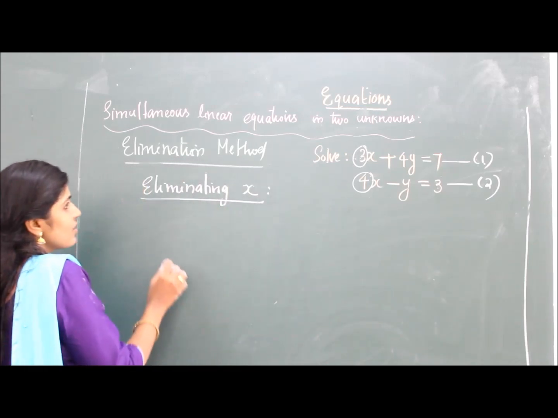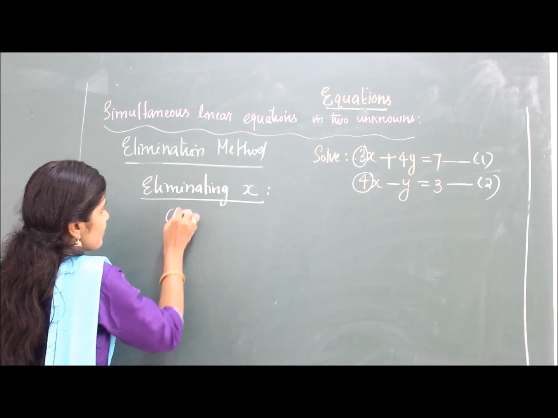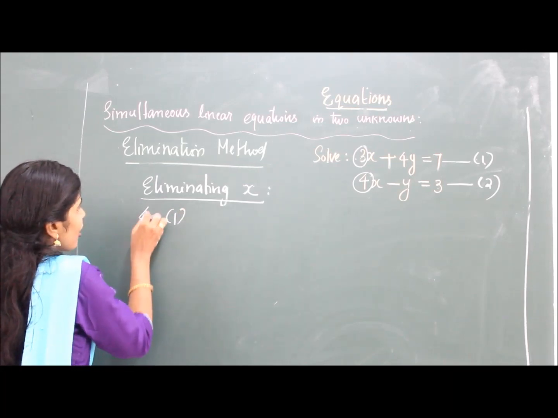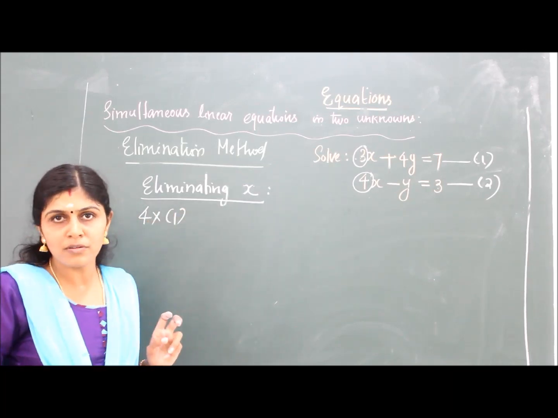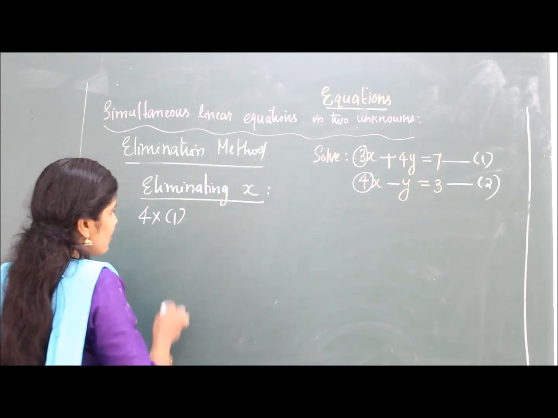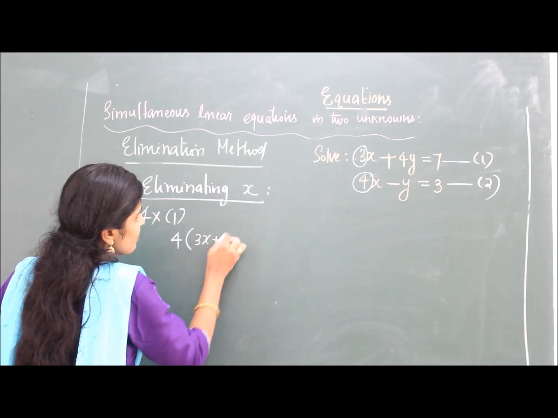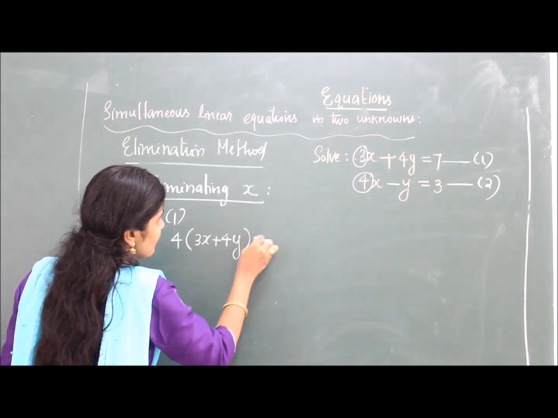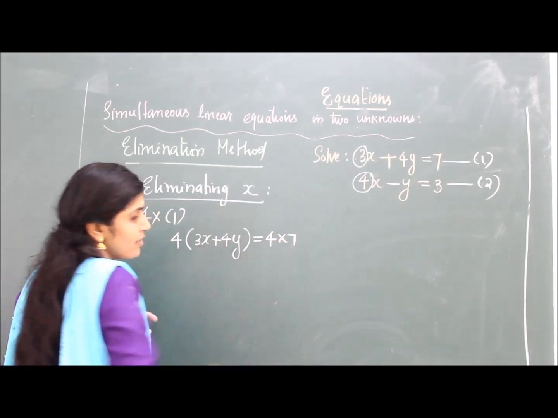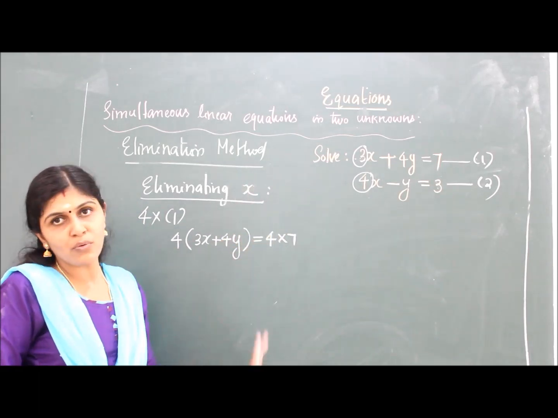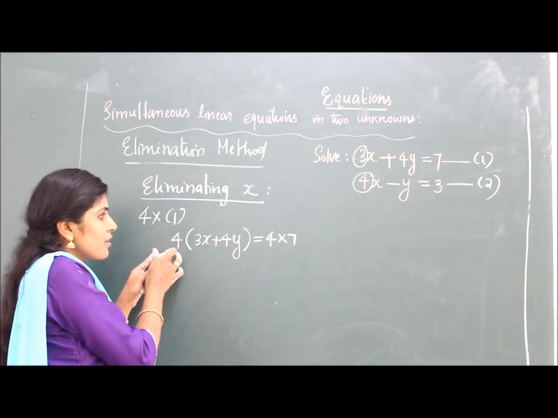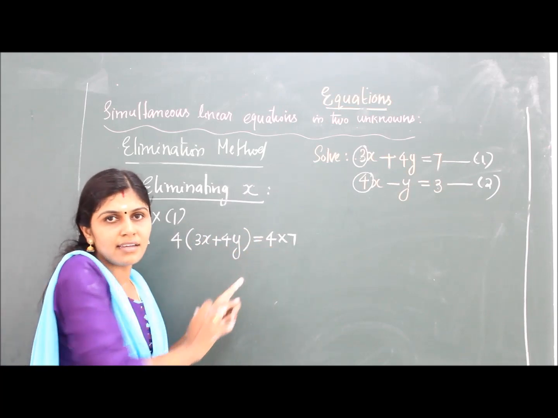First, I am going to multiply the first equation by the coefficient in the second equation, which is 4. So the first equation becomes 4 times (3x plus 4y) is equal to 4 times 7. Since this is an equality, whatever you do on the left hand side, you have to do on the right hand side also.